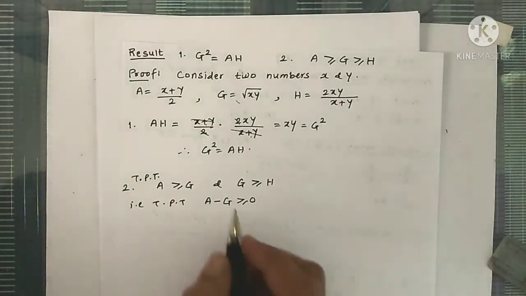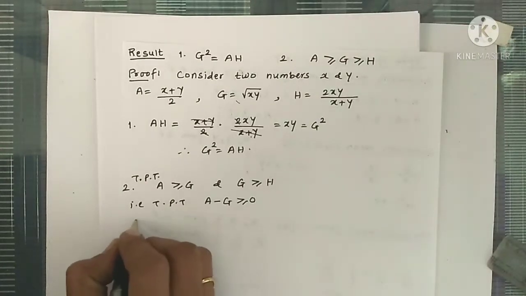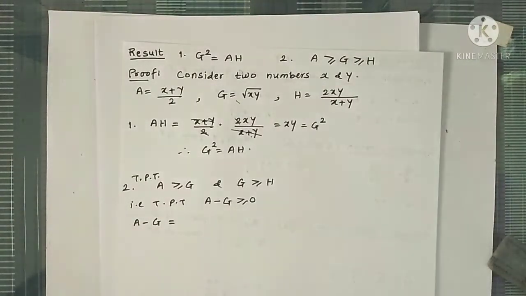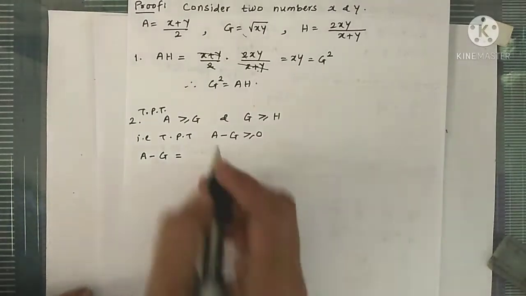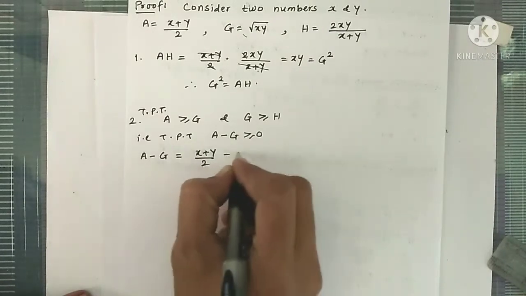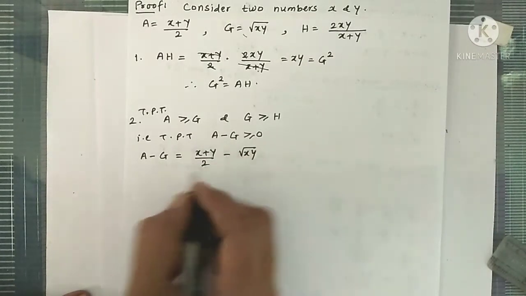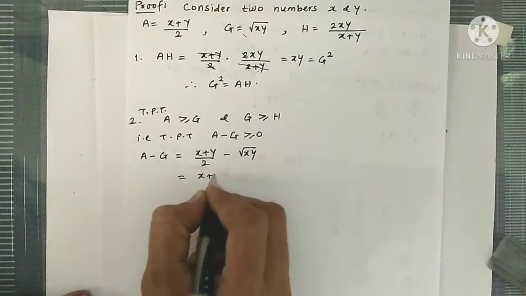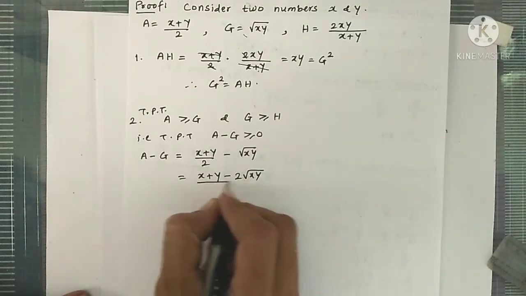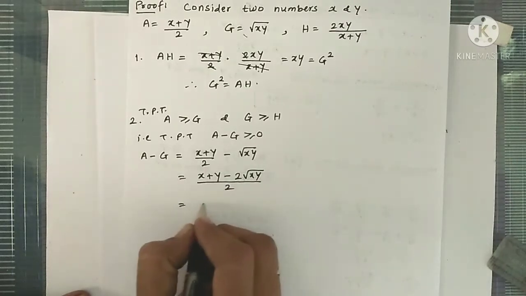So to prove a minus g is greater than or equal to 0, let's find out what is a minus g. A minus g equals, now a is x plus y divided by 2, minus g is root xy. So this is x plus y minus 2 root xy upon 2.